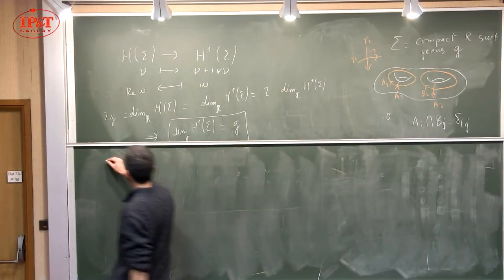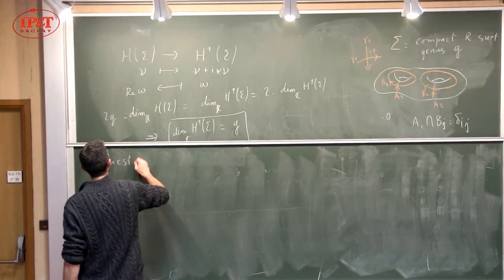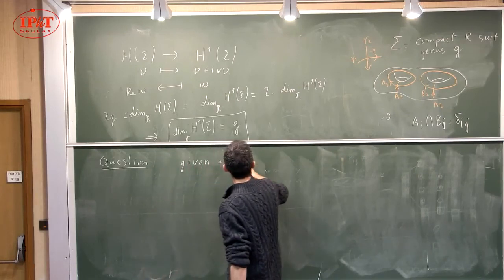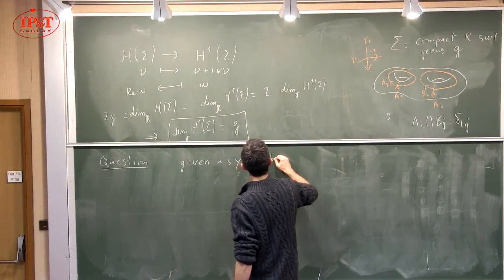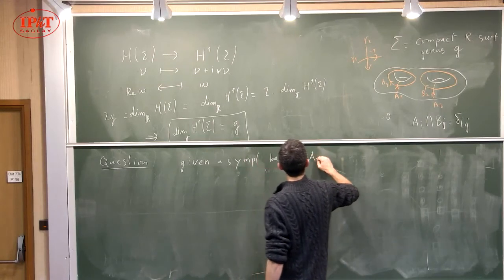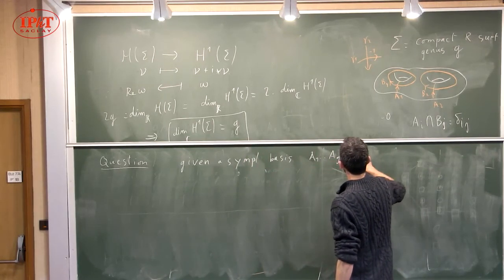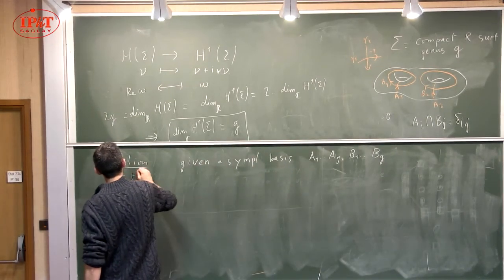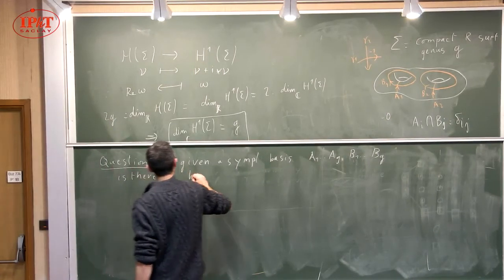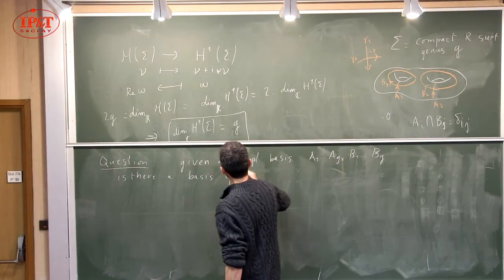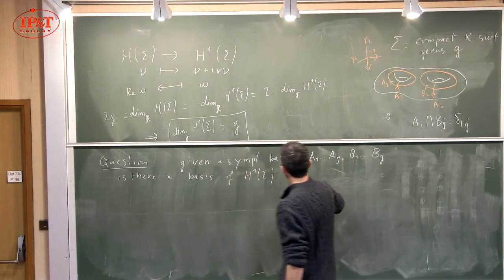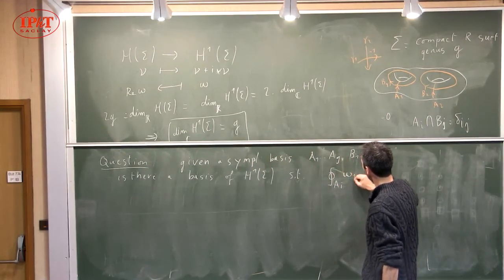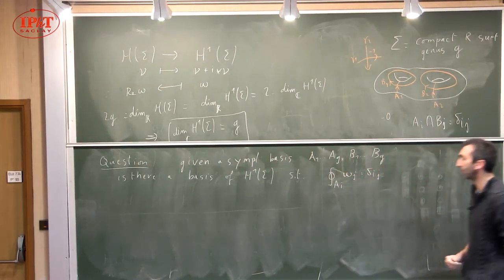So, question. Given a symplectic basis, is there a basis normalized on it?